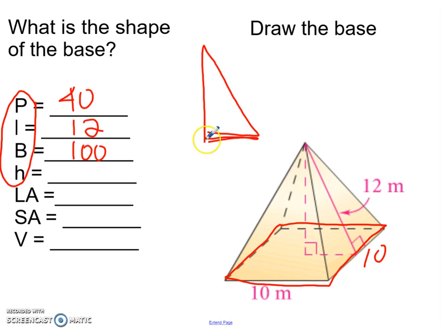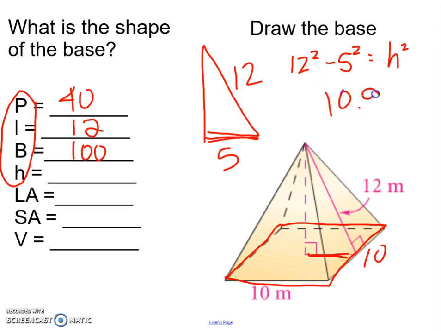So this part would be half of the base, which would be 5. The slant height is 12. We have 12 squared minus 5 squared equals height squared. So we do that with Pythagorean theorem and we get 10.9 as our height.